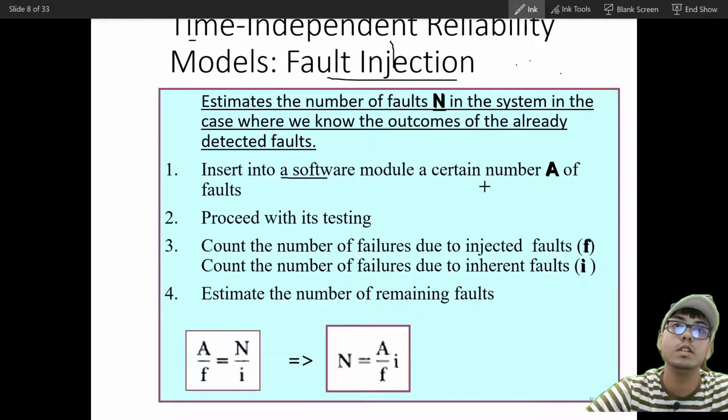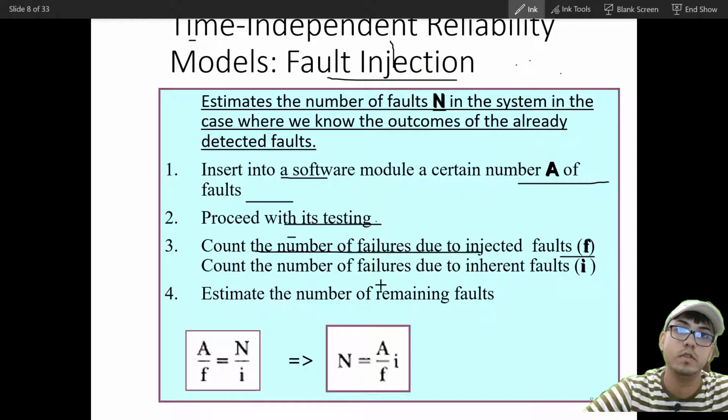Insert into the software a certain number of faults and proceed with testing. Second, count the number of failures due to injected faults, represented by F. Then count the number of failures due to inherent faults, represented by I. Then estimate the number of faults.